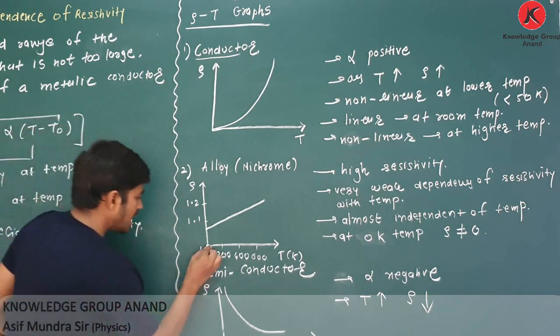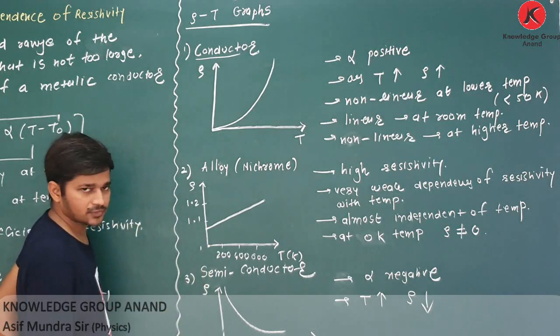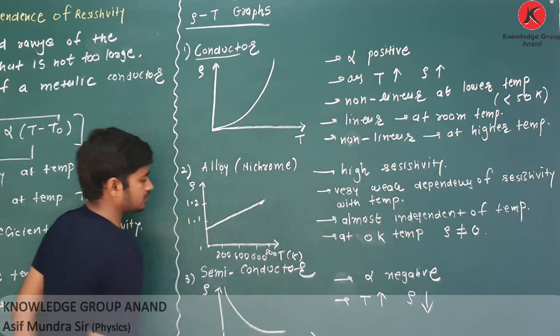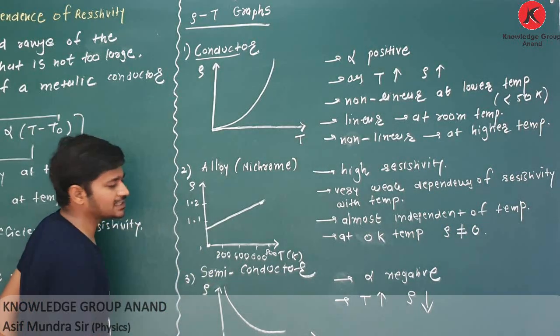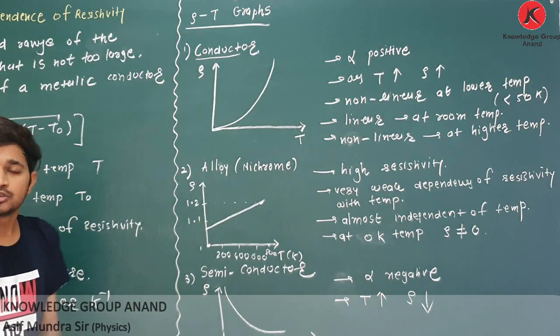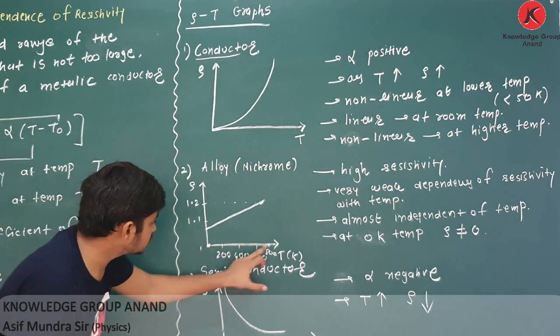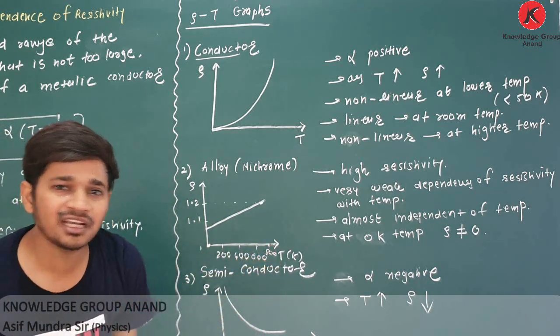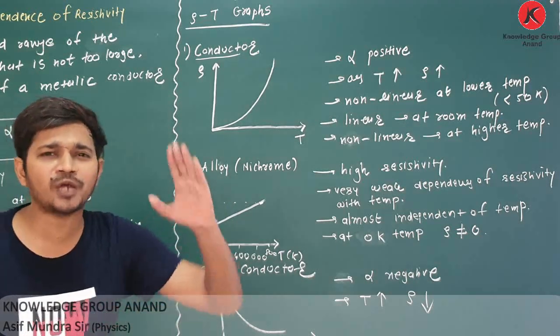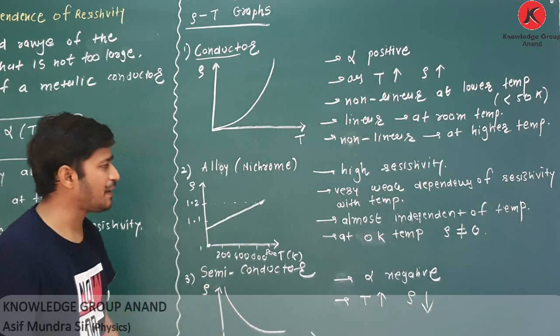See, if here temperature is 0, and here temperature is suppose 800 at this point. At this point, resistivity is 1, and at this point, resistivity is nearly 1.2. So there is a change in temperature of 800 Kelvin, but the change in resistivity is very small compared to the change in temperature.